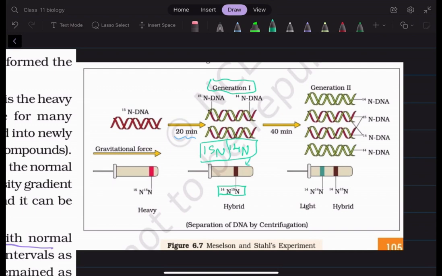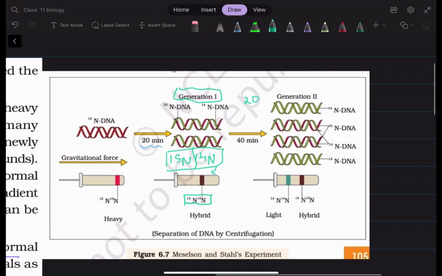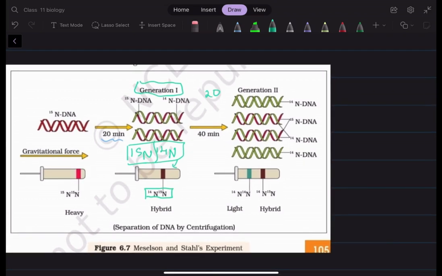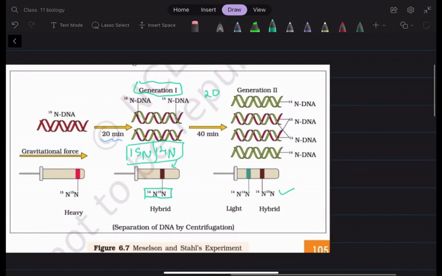Now again, after another 20 minutes, they performed the same centrifugation, and this time they found out that there were two bands, one band was hybrid and the other one was light. The explanation behind this is that the hybrid DNA that we find here, they separate, and only two strands of the heavy nitrogen are retained here too.